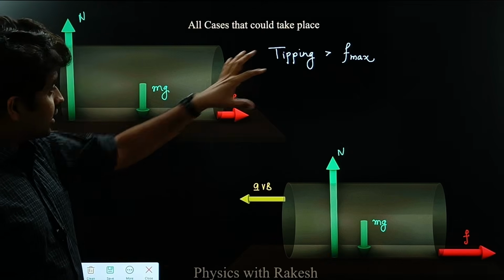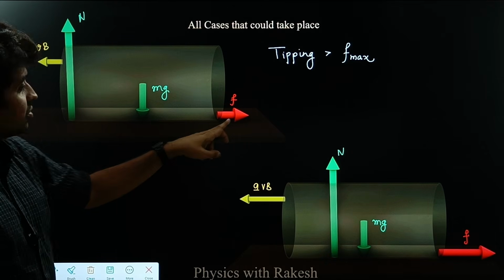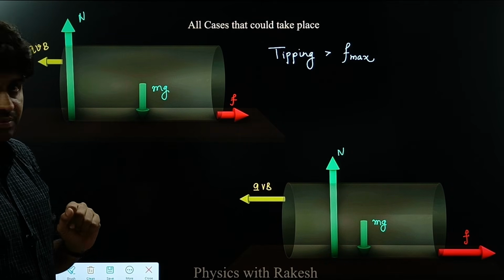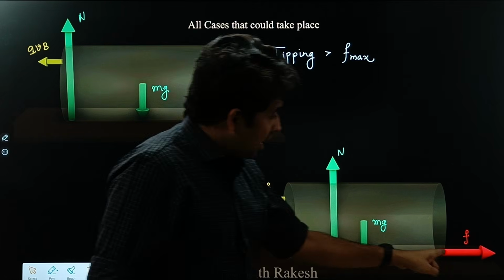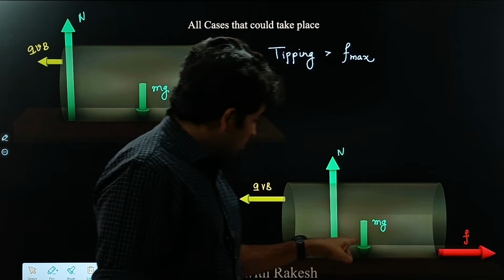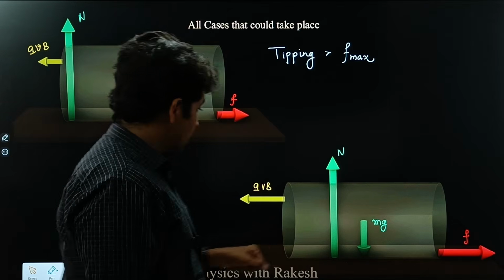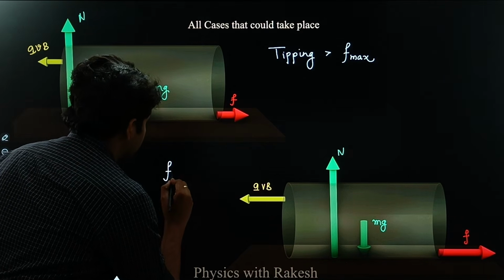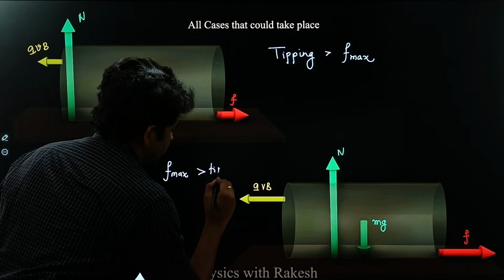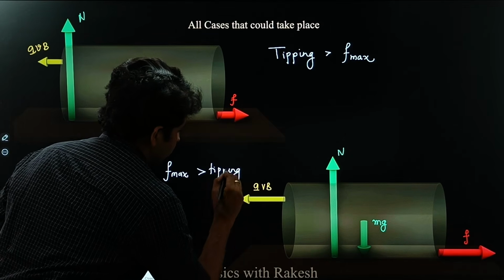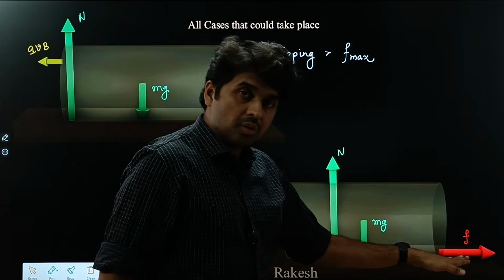That is one case. And you see the second case here. F is reaching maximum before the normal could come here. So F is reaching maximum before the tipping.